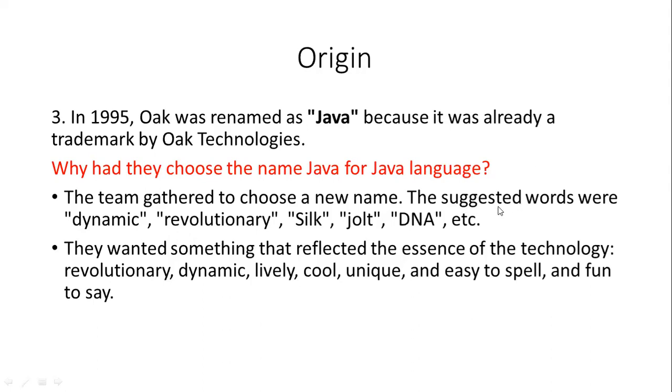They suggested multiple names like Dynamic, Silk, Jolt, and DNA. But they wanted a name that reflects the essence of the technology: revolutionary, dynamic, lively, cool, unique, easy to spell, and fun to say. So that's why Java was chosen.